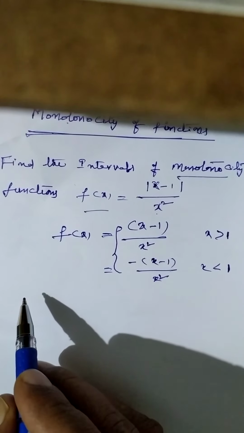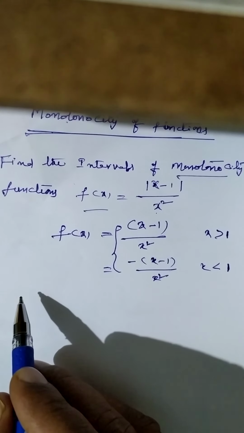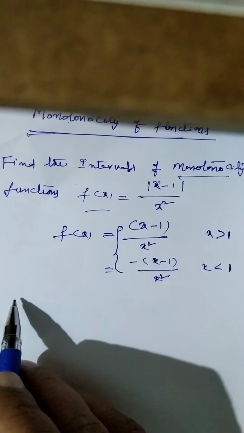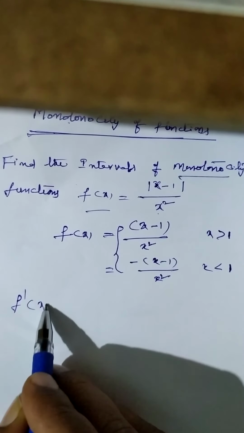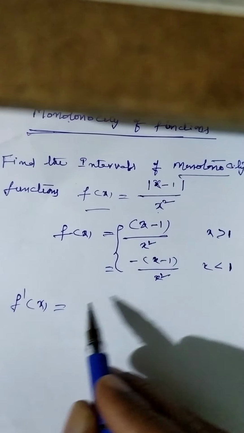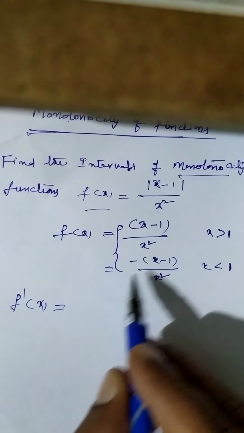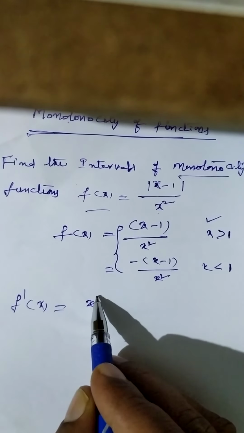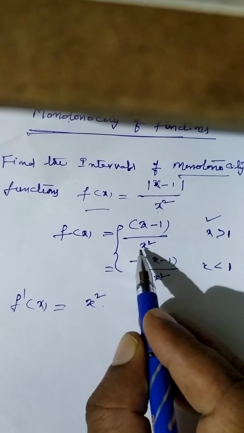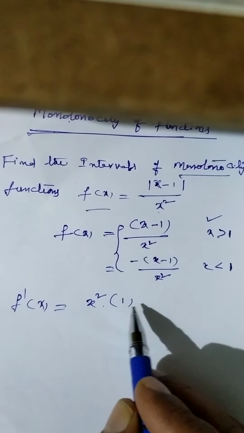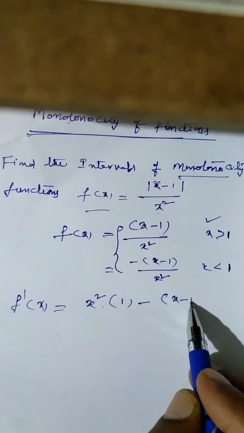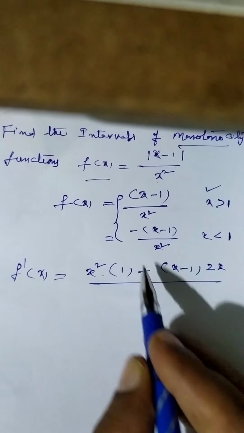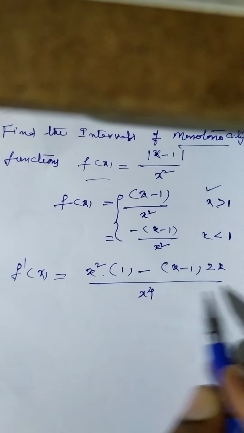To find the monotonicity of the function, we need to find f dash of x. Therefore, f dash of x is found by differentiating the function. In the first case, using the u by v rule, v into u dash, that means 1, minus x minus 1 into 2x, by x square whole square, that means x power 4.